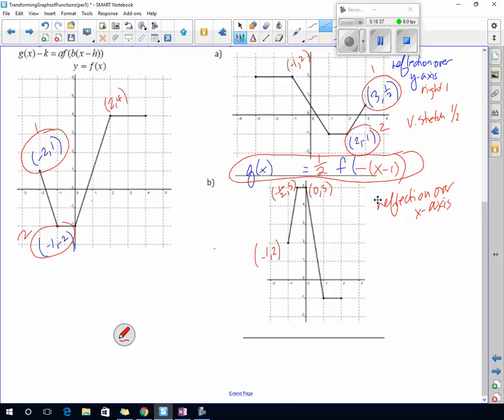So compare negative 2 to negative 1. Then compare negative 1 to negative 1/2. What's your first inclination there? What's happening to the x's? They got halved.